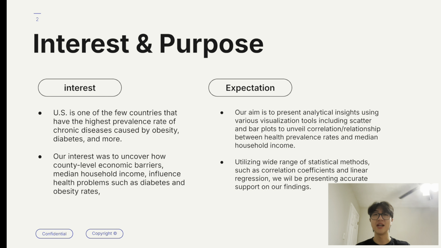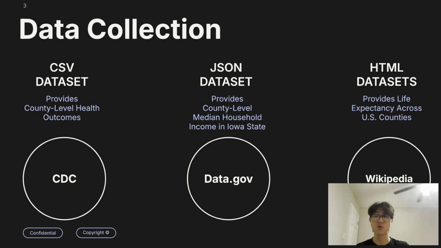To conduct our analysis, we combined data from 3 different sources. First, we used a CSV dataset from the CDC that provides county-level health outcomes, including measures related to obesity, diabetes, and more. Second, we obtained a JSON dataset from data.gov that contains county-level median household income information.